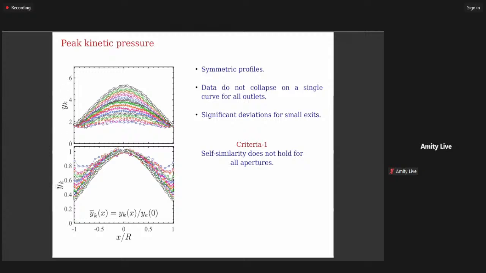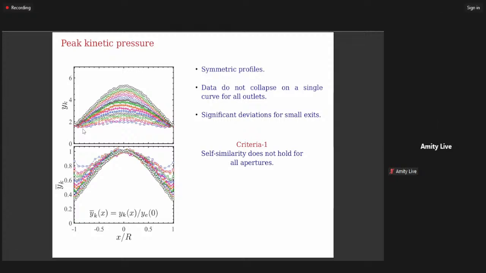Again, when we plot profiles corresponding to peak kinetic pressure along the central zone, they are symmetric. This is expected. But again, when we scale these values with their values at the center, the whole data do not collapse on a single curve like the peak dissipation rate.